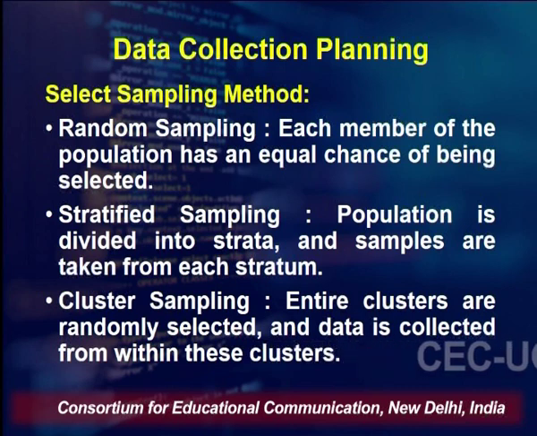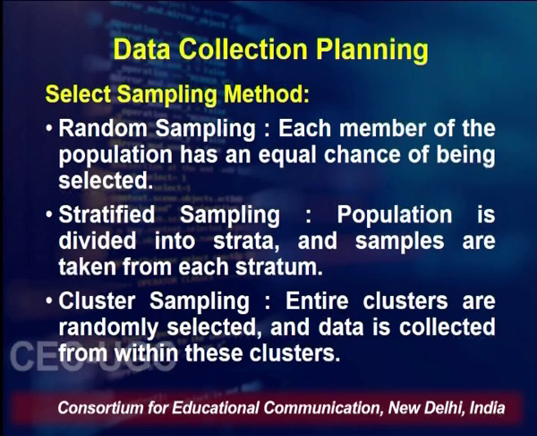For example, if you are conducting a study on educational or learning outcomes in various classes of schools in Delhi, in that case you will create layers, and maybe group the students, say class 1 to class 3, class 4 and 5, then 6 to 8. So, what are you doing? You are actually dividing your population into strata, into layers, and from that you are taking samples for your study to collect the data.